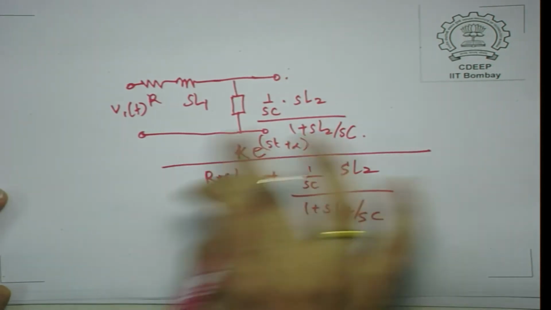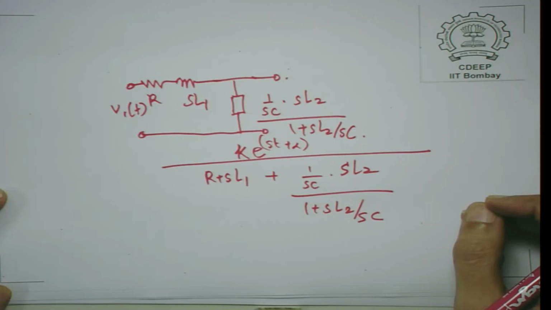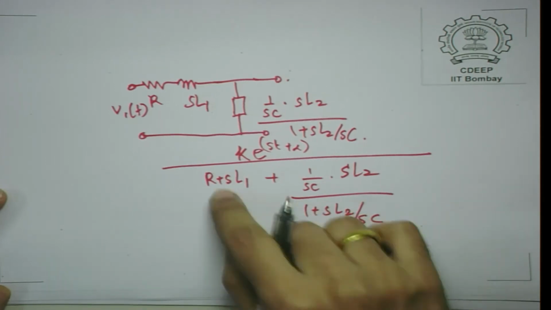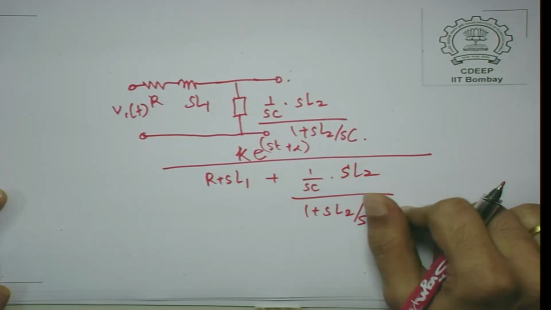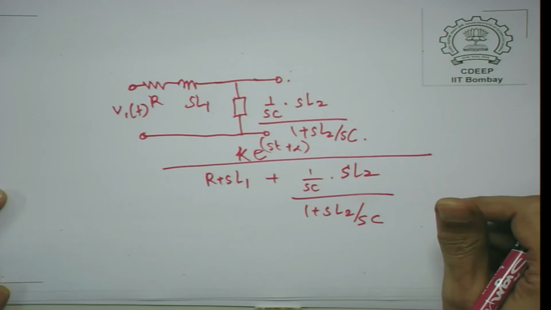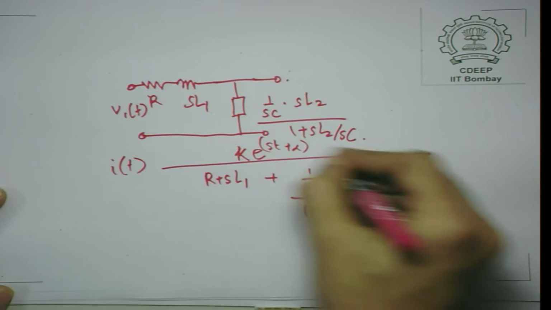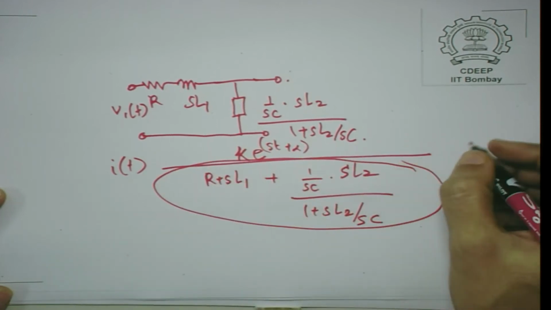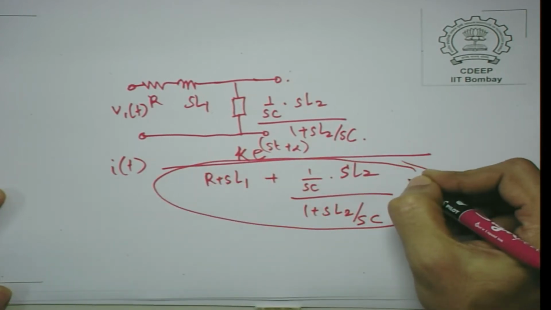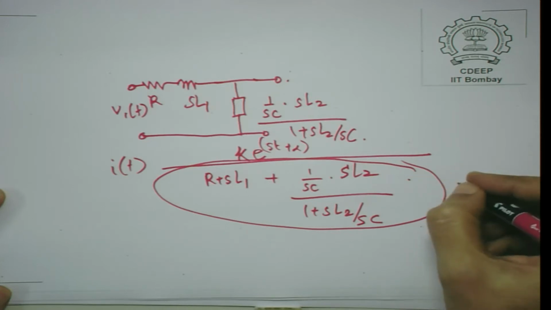So, this is what you actually see in this circuit, and as I mentioned some time back, the nature of the transient response can be obtained by simply setting the denominator of this, what I call the transfer function, 1 upon this, equal to 0.